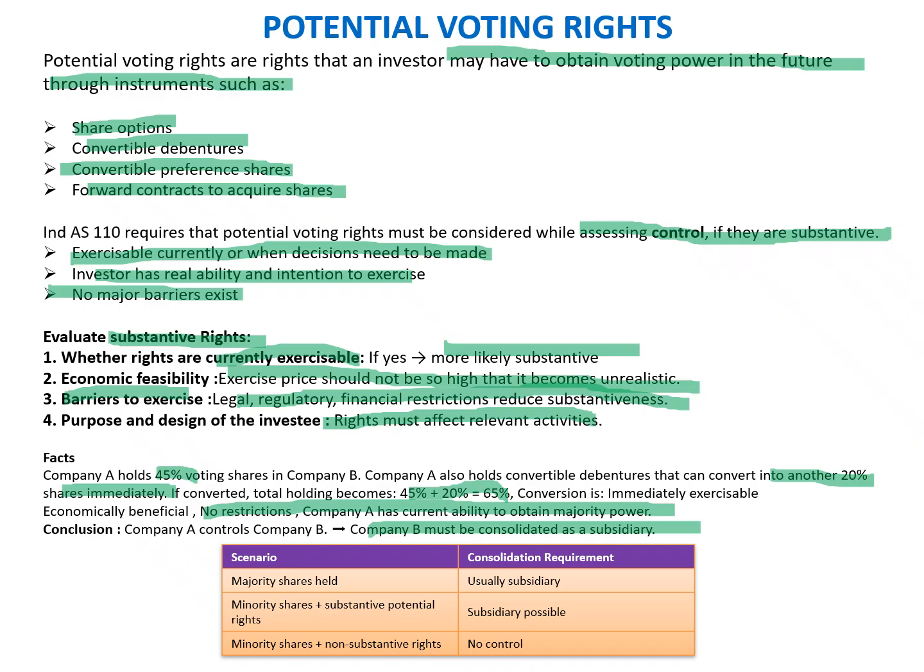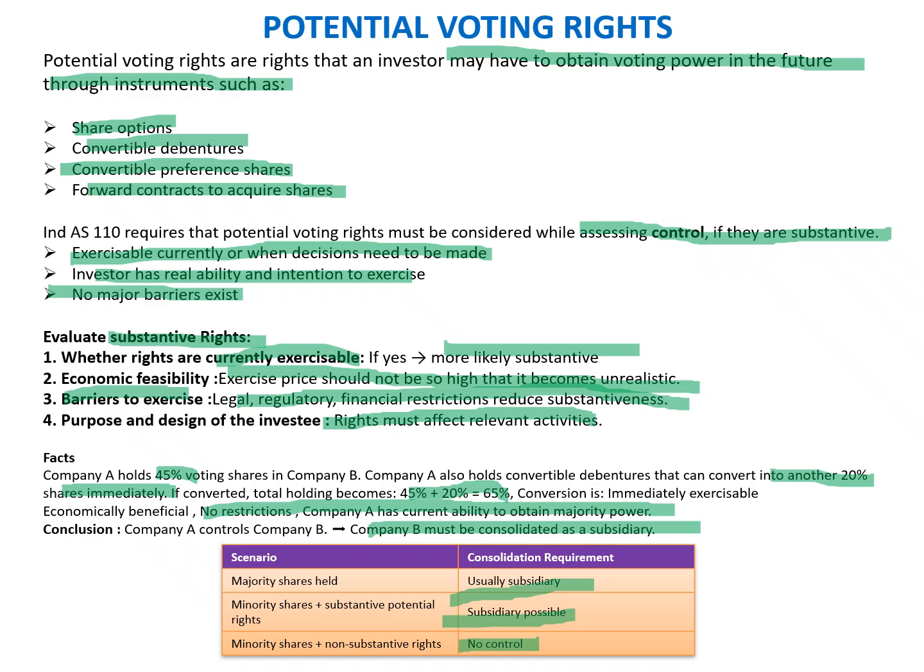So we have quickly shown three scenarios here. Majority shareholder: consolidation is yes, because it is a subsidiary. Minority shareholder but with substantive potential rights: yes, it is possible. Minority shareholder with non-substantive rights: then there is a no. If a majority shareholder is there, then it has to ensure that they have the control, and if they have the control, then definitely it's a subsidiary.